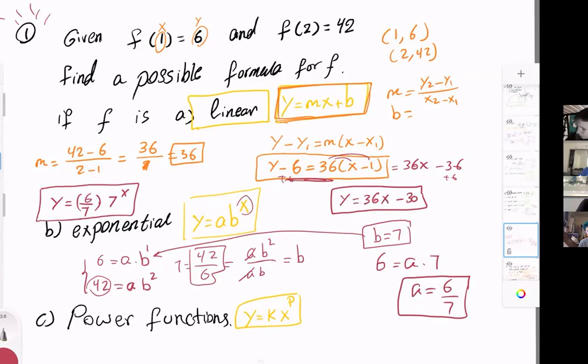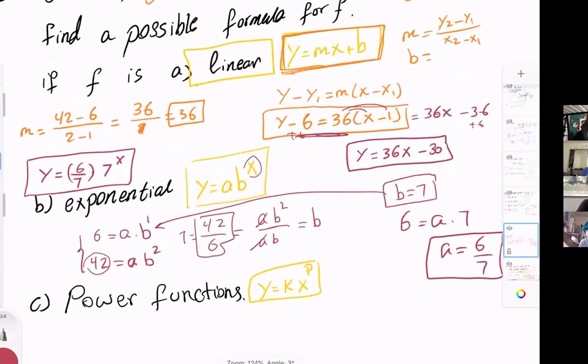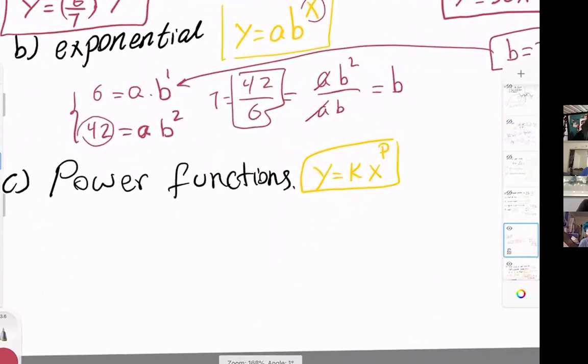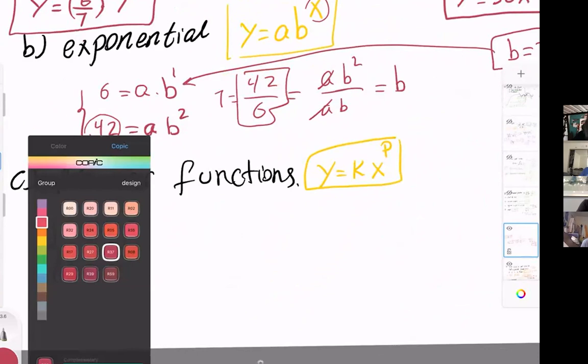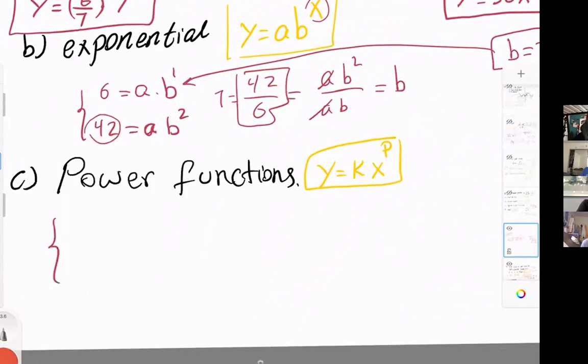Last one is a power function. You need to solve for k and p. So y, 6 equal to k times 1 to the power of p.